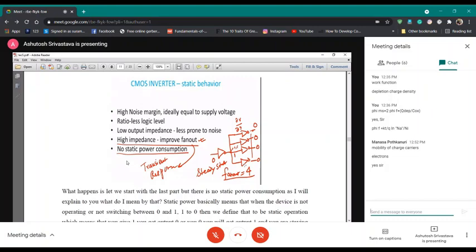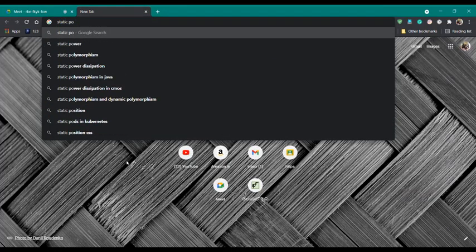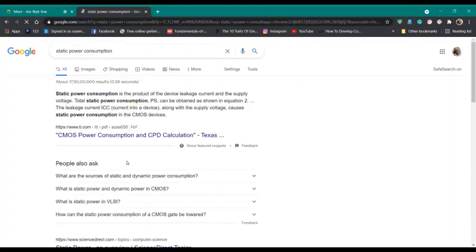So what does static basically mean? Anybody? Manas? Manali? What does static mean?